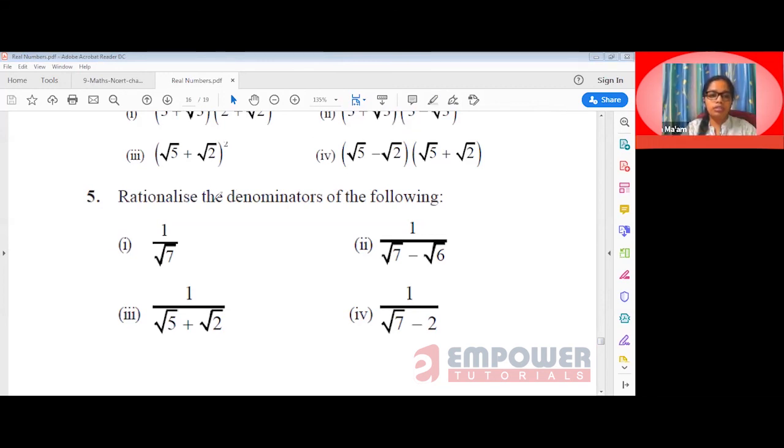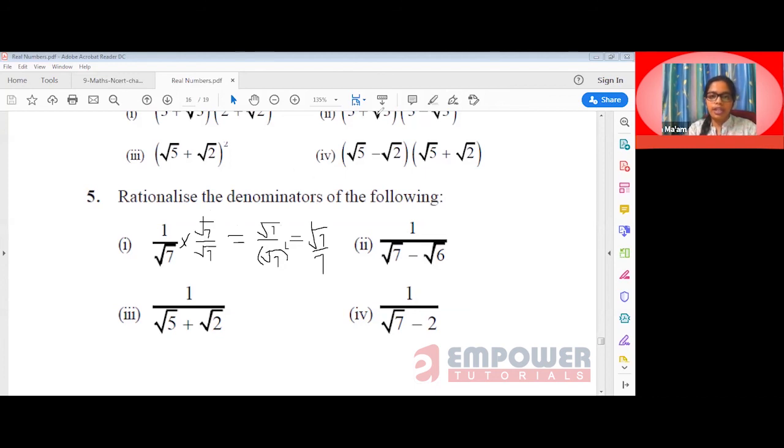So what you have to do is rationalize this. You will multiply it with its rationalizing factor, that is root 7 upon root 7. So this will be equal to root 7 upon root 7 square, which is equal to root 7 upon 7. So this will be the final answer.